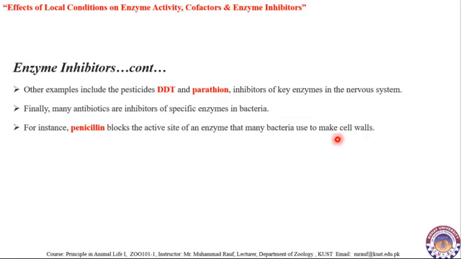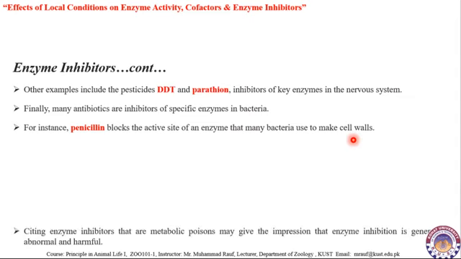The bacterial cell wall is made up of peptidoglycan, and obviously bacteria have enzymes to synthesize the cell wall. So the antibiotic penicillin blocks this particular enzyme, so the bacteria are unable to make a cell wall and become vulnerable.